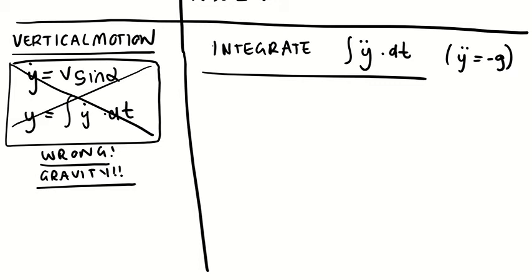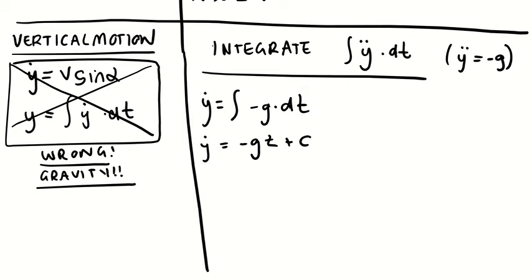So when we do that, y dot is going to be the integral of negative g with respect to t, which is negative g, because g is our gravity, which is just a number, t plus c.